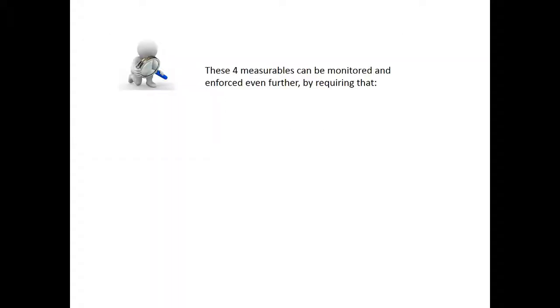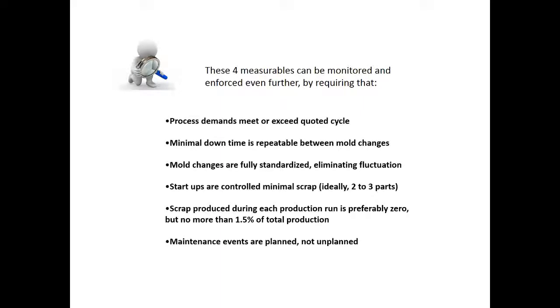So these four measurables can be monitored and enforced even further by requiring that our process demands meet or exceed quoted cycles. We're going for minimal downtime. It needs to be repeatable between mold changes. Our mold changes need to be fully standardized. We need to eliminate fluctuation in those times so that we have more control.